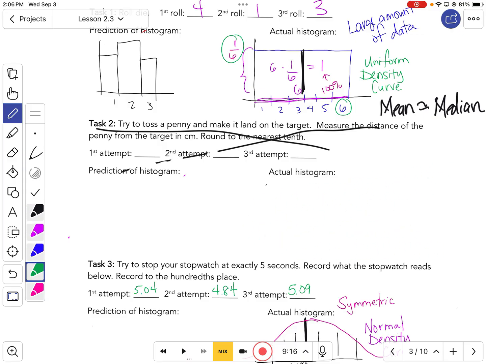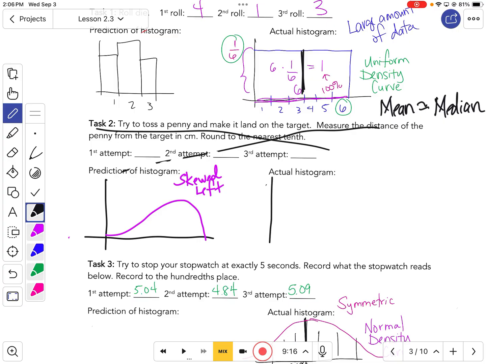Okay. Let me draw my pictures. Let's skew to the left. And then let's skew to the right.